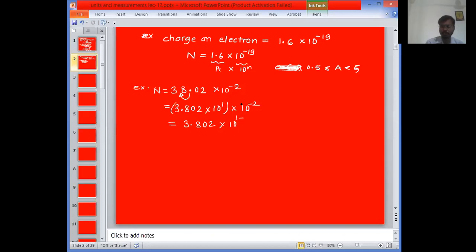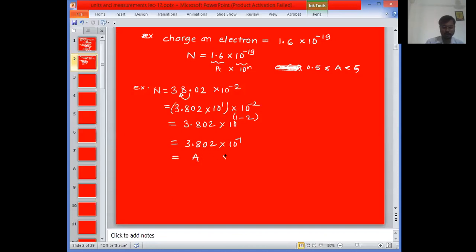So 1 plus -2, and plus minus means minus. So that will become 3.802 multiplied by 10 raised to -1.